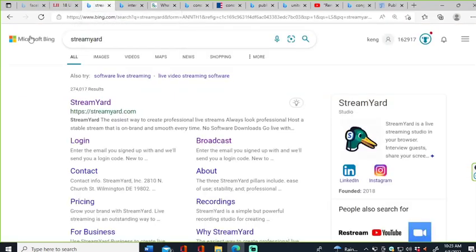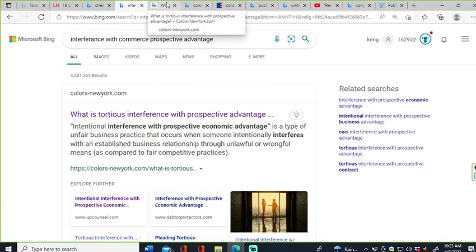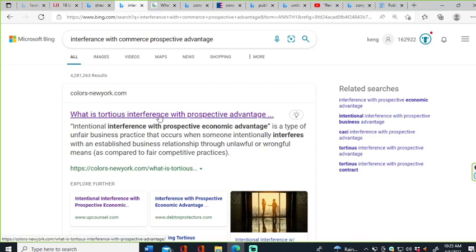I'm not going to break everything down, but I want to talk about this. What is tortious interference with prospective advantage? Now, under treaty, and this is where we're going to come into the private. This is why you need the master class.